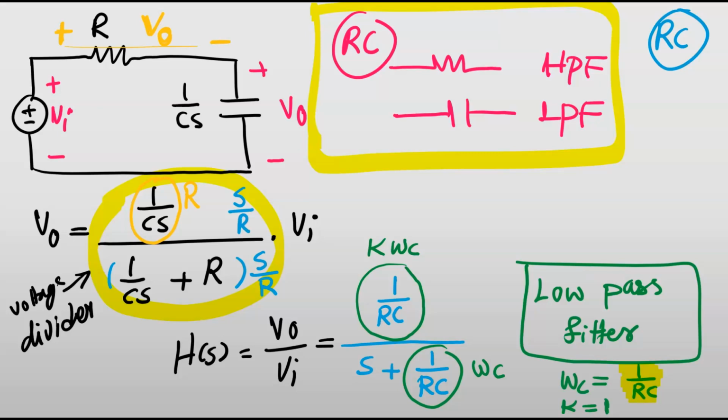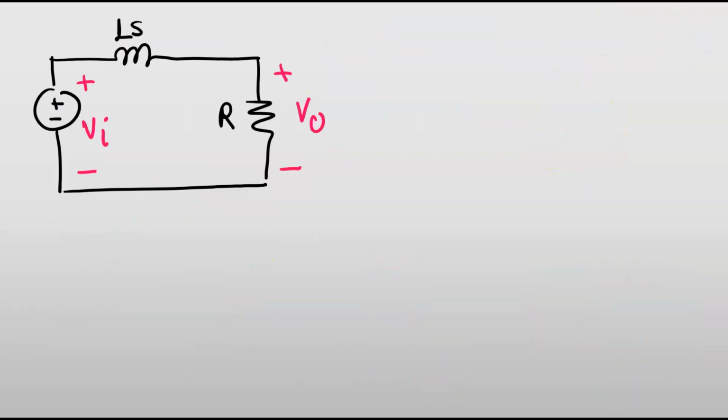Okay, now let's go to the second circuit, which is an RL circuit. Here I want to show you what happens if you have an RL circuit and what type of first-order filter you can make with this particular combination of elements. So if you have an RL circuit, first let's focus on the voltage of its resistor.